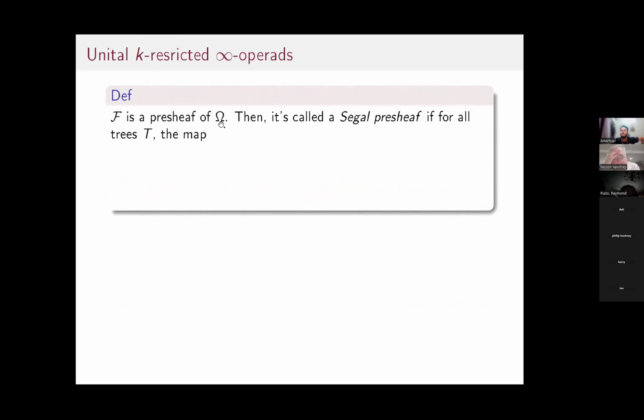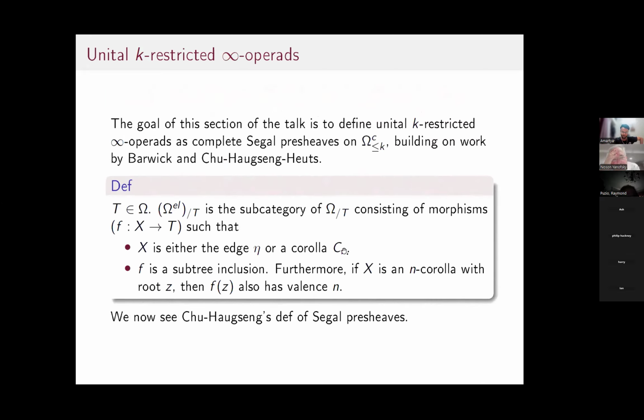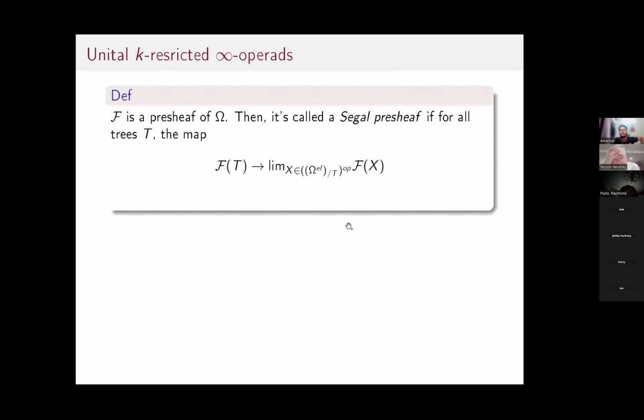You start with a presheaf on omega. It is a Segal presheaf if for all trees T, this map, where you're taking limits over the category we just defined, a subcategory of sigma over T consisting of these morphisms, is an equivalence.